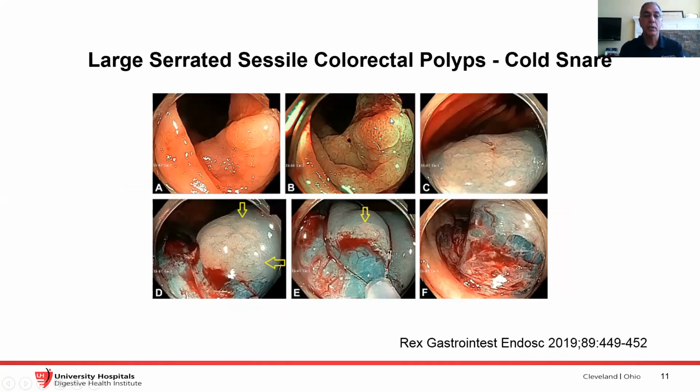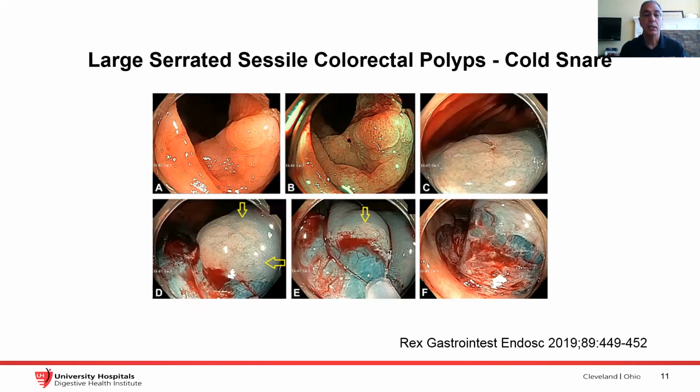Okay, so large sessile polyps removed with cold snare. You can see here Doug Rex. Nobody does it better than Doug Rex. In the top picture here is the lesion where you can see that the borders are fairly indistinct. This is narrowband imaging, and photo B. After the submucosal injection, you can see the polyp spread out and flatten in image C. What you're seeing here in D is the resection underway.